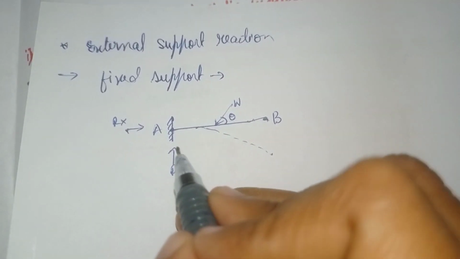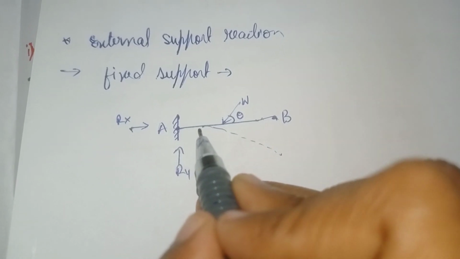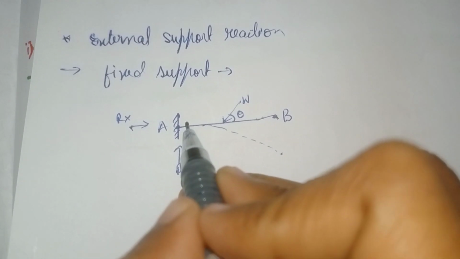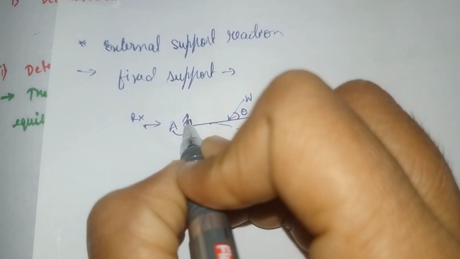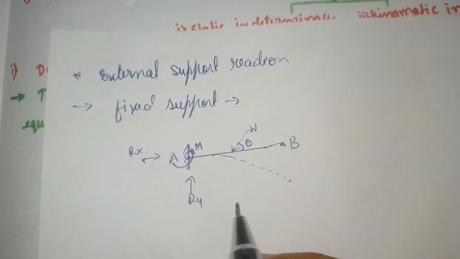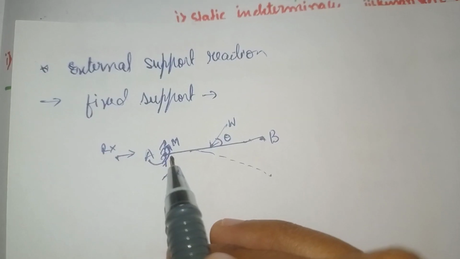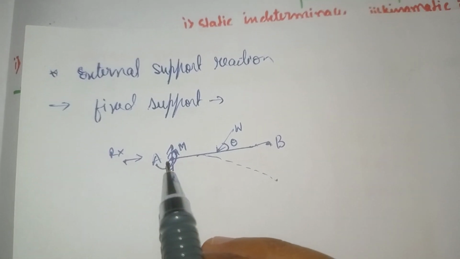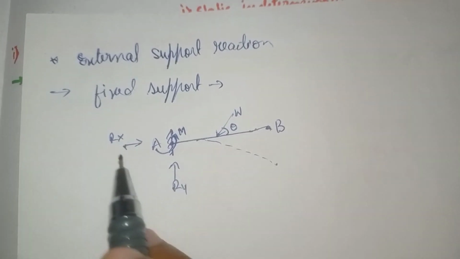Here, from point A there is no slope formation. It means one more reaction will form, that is a moment in the anti-clockwise direction, because there is no slope at point A, so a moment will form at support A. So how many reactions in total? 1, 2, 3.